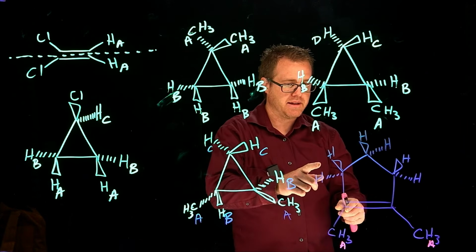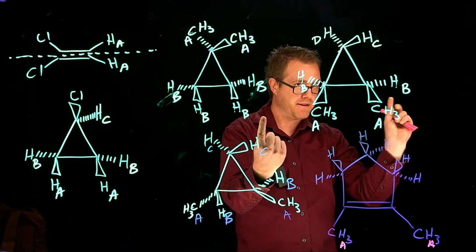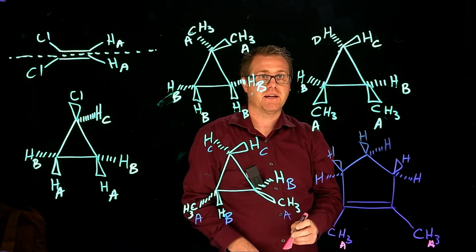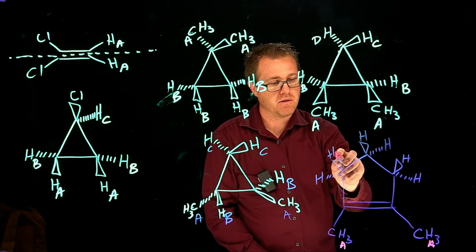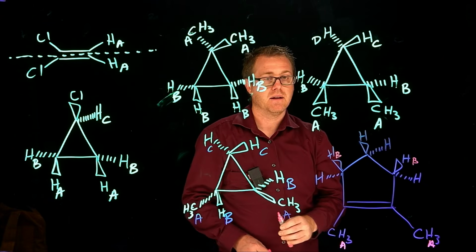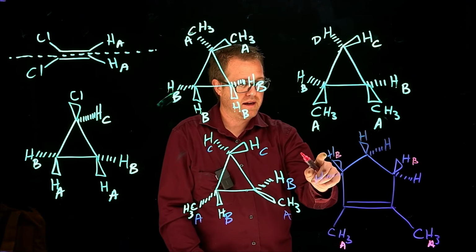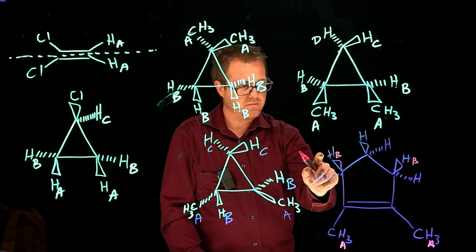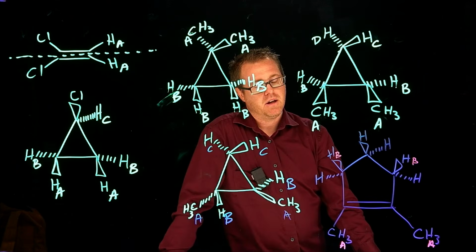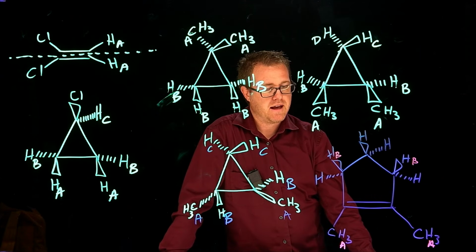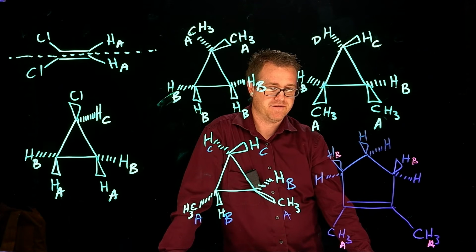If I ask what's the relationship between this wedge hydrogen and that wedge hydrogen, you will once again see that there is an axis of rotation. You won't know the difference before and after, so that's going to make those guys homotopic and equivalent. Now what's the relationship between these two right here? When you take a look at those two, you will see that there's also an axis of rotation.